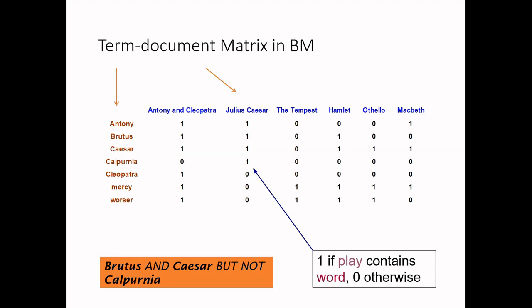So if I give a query, Brutus and Caesar but not Calpurnia, we are giving 3 keywords, but these keywords are being linked through logical operators. That is, we want Brutus and Caesar to be present in the documents that we want to retrieve, but we do not want Calpurnia to be present in those documents.